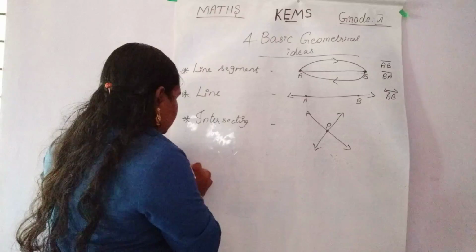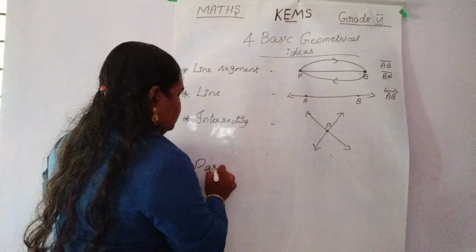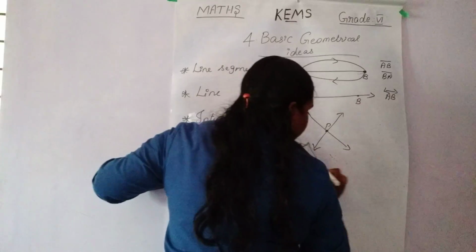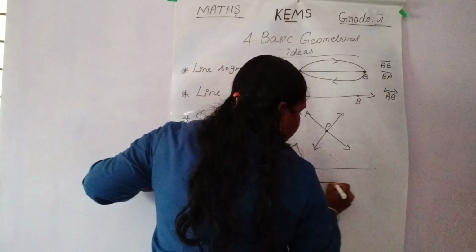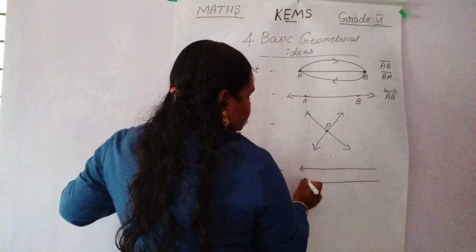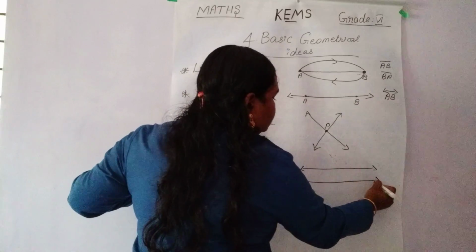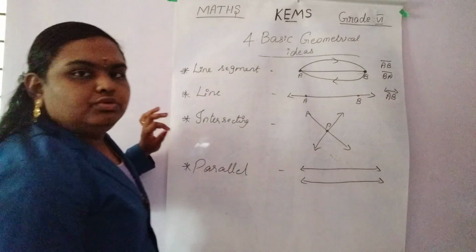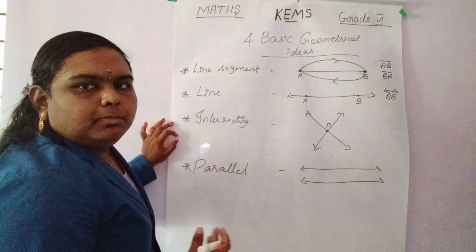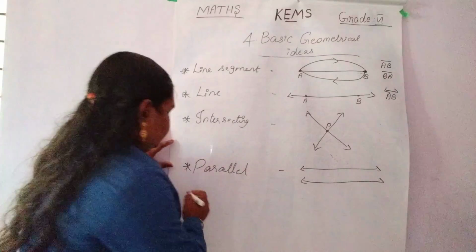Next one is parallel. What is parallel? If you are taking two lines that do not intersect, or do not meet at any point, that is known as parallel lines.